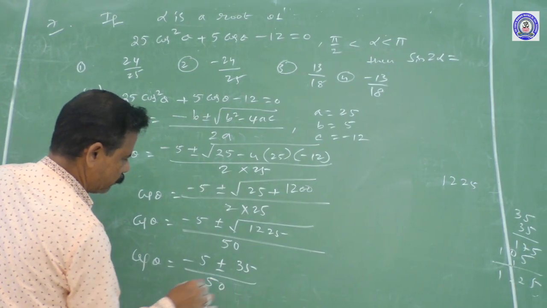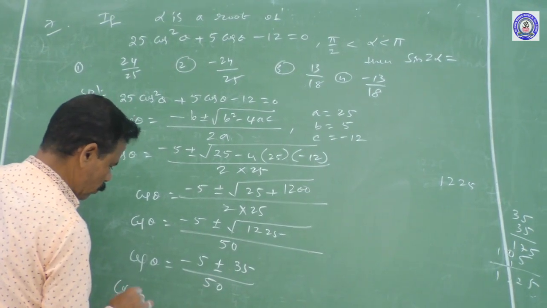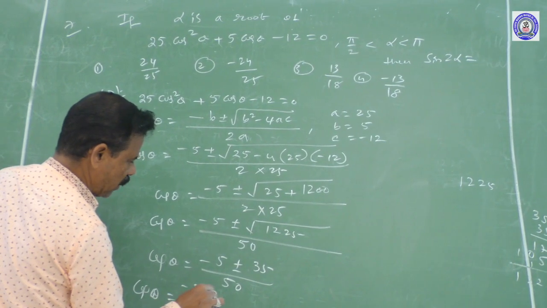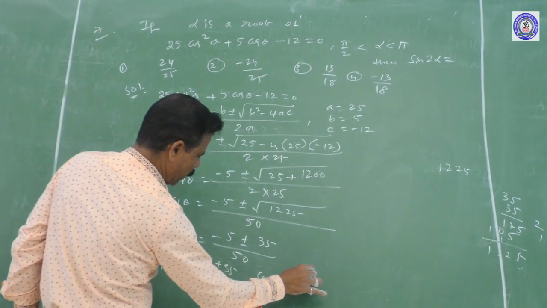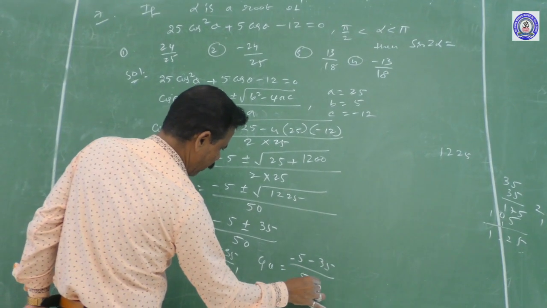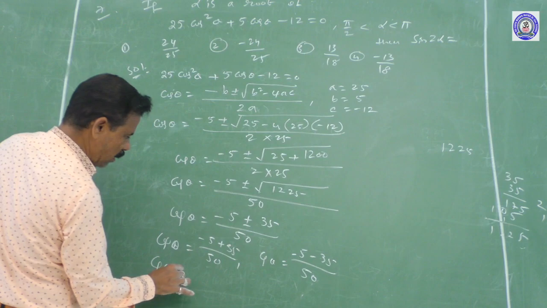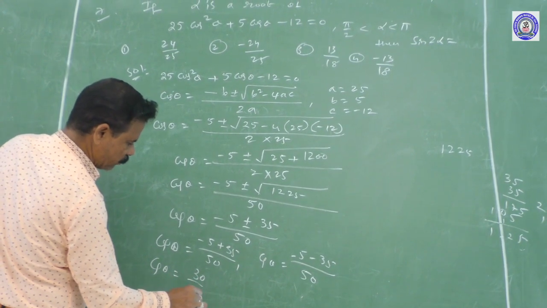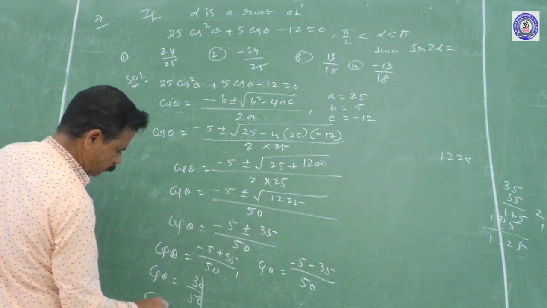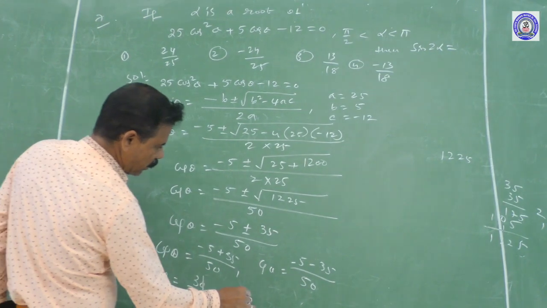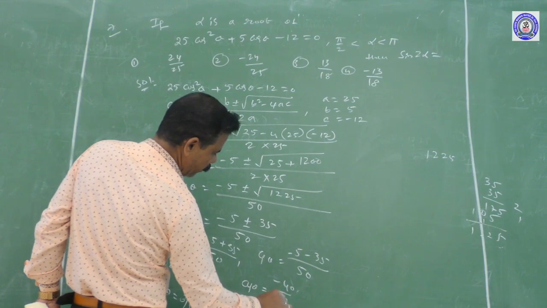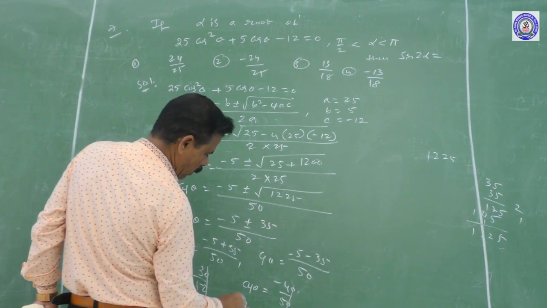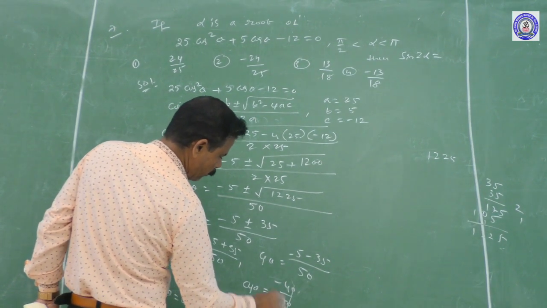Cos theta is equal to minus 5 plus 35 by 50, or cos theta is equal to minus 5 minus 35 by 50. So here cos theta is 30 by 50, 3 by 5. Here cos theta is equal to minus 40 by 50. This cancels, cos theta is equal to minus 4 by 5.